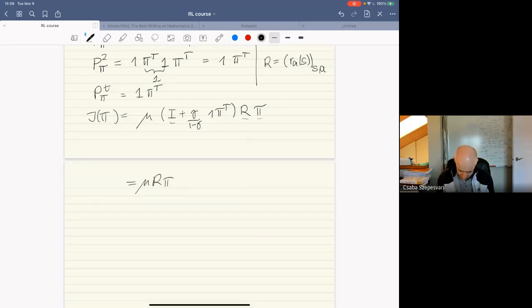And then there is the second term, mu multiplies 1. That's just 1 because mu is a distribution. So there, the mu goes away, and then there is gamma over 1 minus gamma times pi transpose R pi.